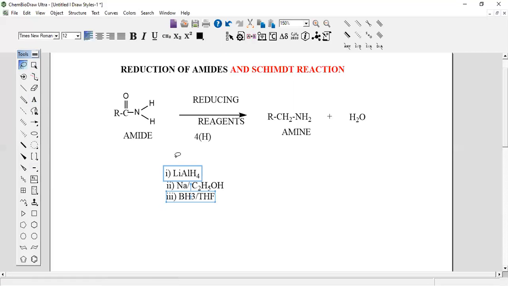If you use any of these reagents in this conversion, it converts into the amine.